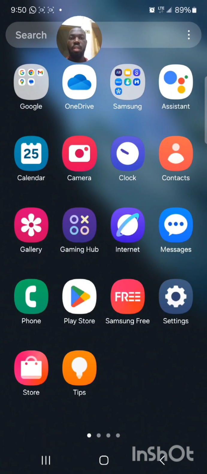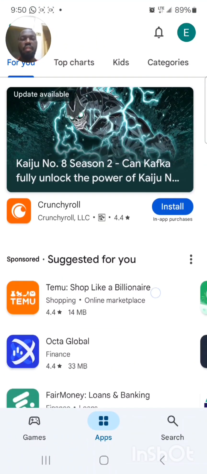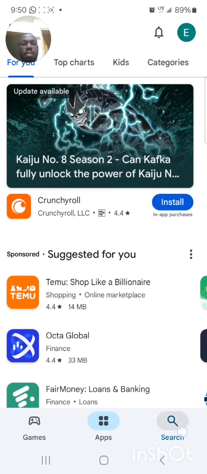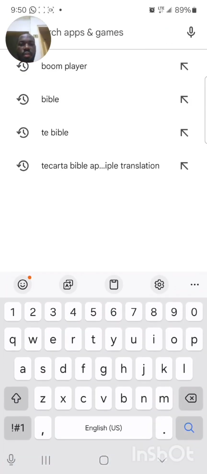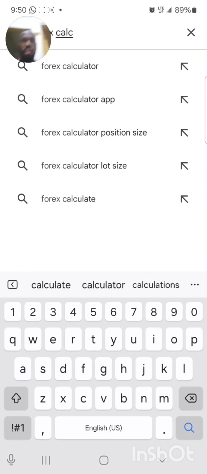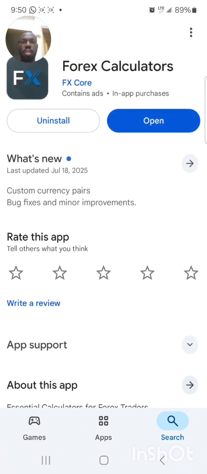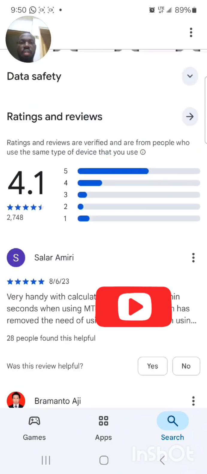In order to download this, go to Google Play Store or the App Store, whatever you're using, and you search for Forex calculator. It's going to be this kind of app. I've already downloaded it, so that's why it's showing like this. You just press open, and you see the reviews here.